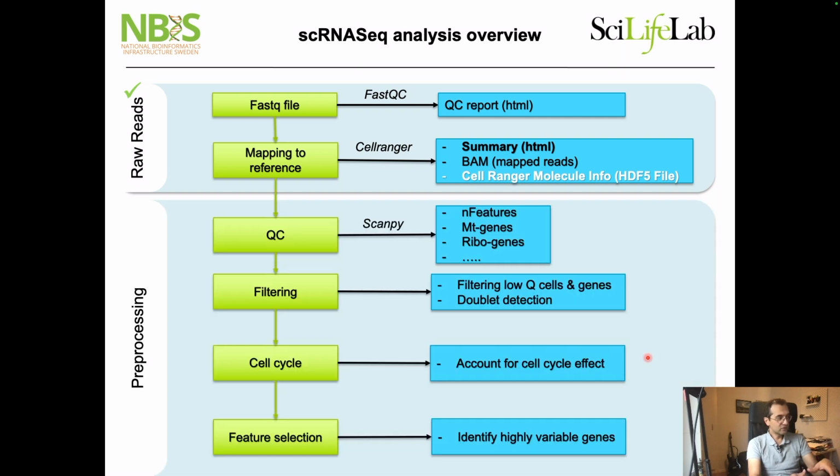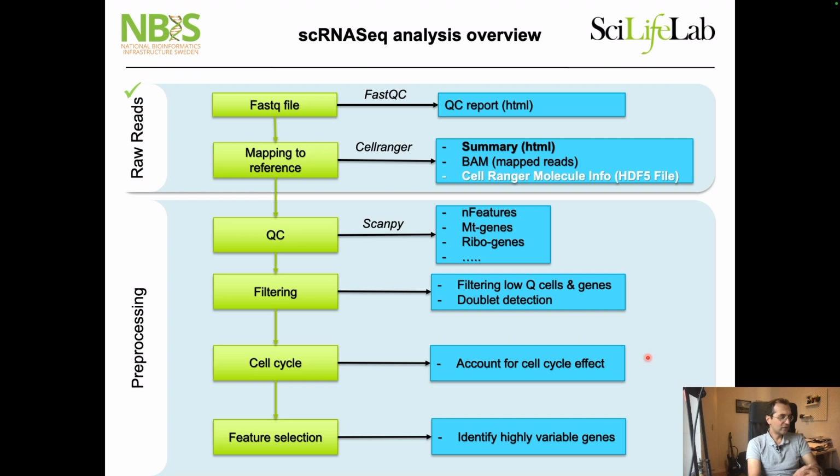As I told you, you use scMPy, and the pre-processing and the following steps, everything will be done with scMPy, or tools which have been implemented in scMPy. The first step after you load your data is QC. And you generate N features, mitochondrial genes percentage, and so on, to check the quality of the data.